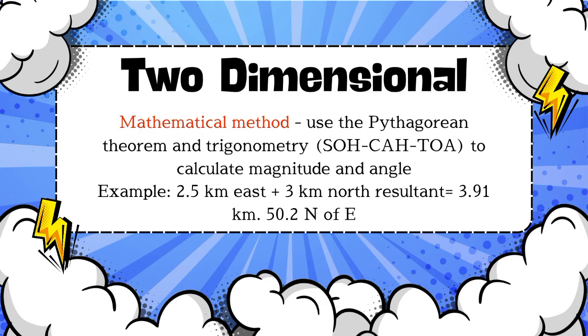Lastly, the mathematical method. Use the Pythagorean theorem and trigonometry or SOHCAHTOA to calculate the magnitude and angle. Example, 2.5 kilometers east plus 3 kilometers north, the resultant is equal to 3.91 km, 50.2 degrees north of east.